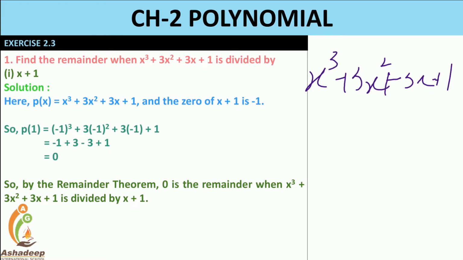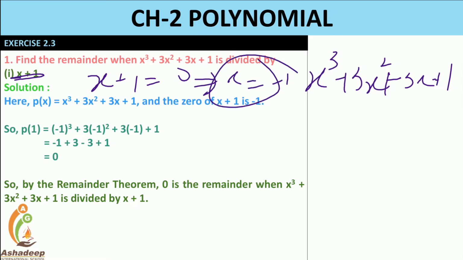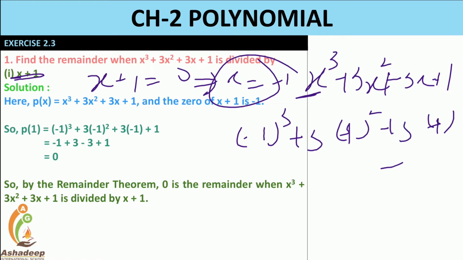Now we need to check what the remainder is when divided by x plus 1. So x plus 1 is equal to 0, which implies x is equal to minus 1. So instead of x, I have to put minus 1. So minus 1 cube plus 3 into minus 1 squared plus 3 into minus 1 plus 1.